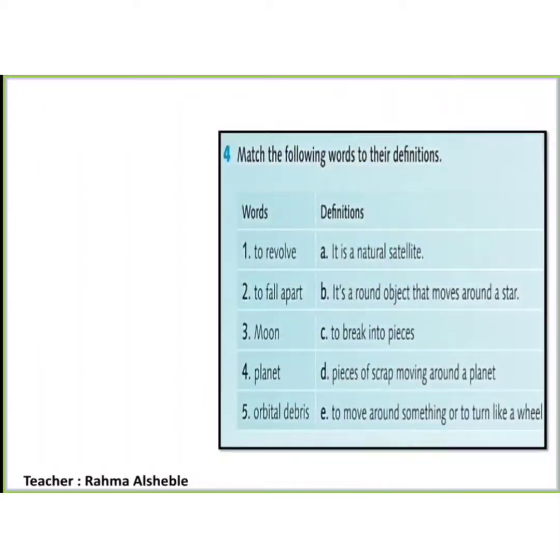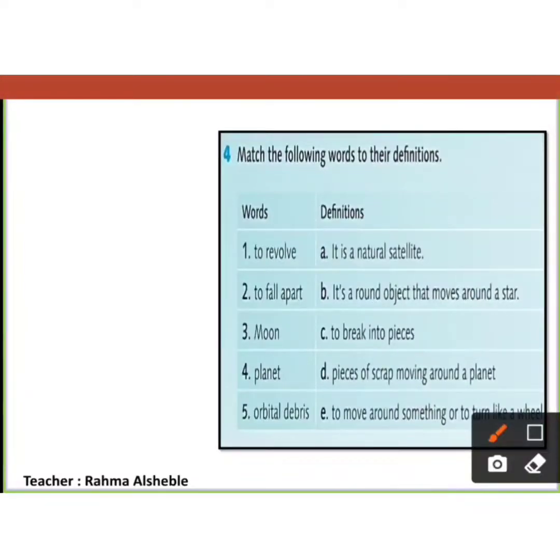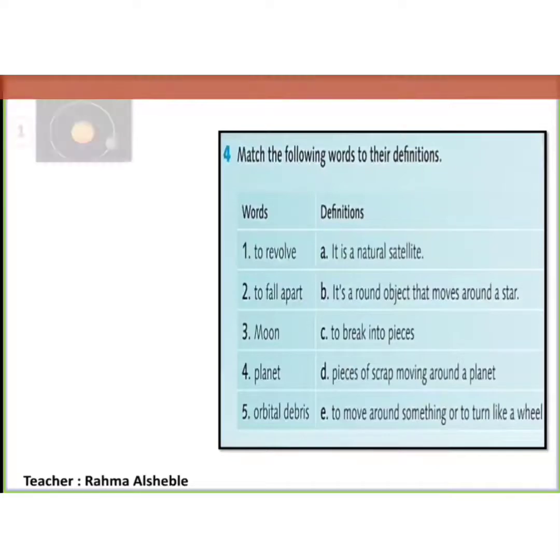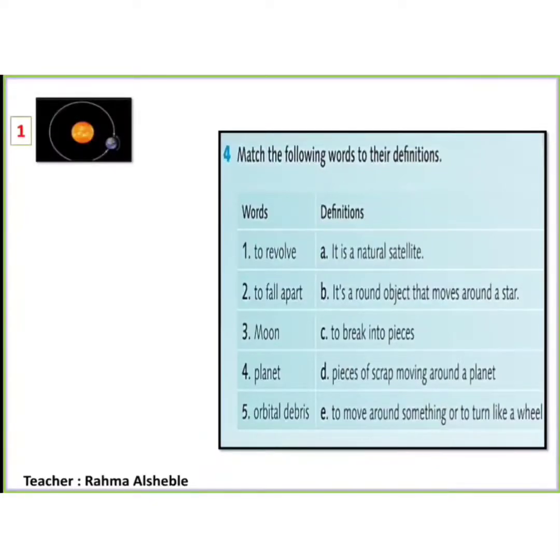Match the following words to the definitions. We have some words. Of course you talked about them and you know them. Number 1 is to revolve. You should match it. Look at this picture. Revolve. What's the meaning of revolve, or what is the definition?